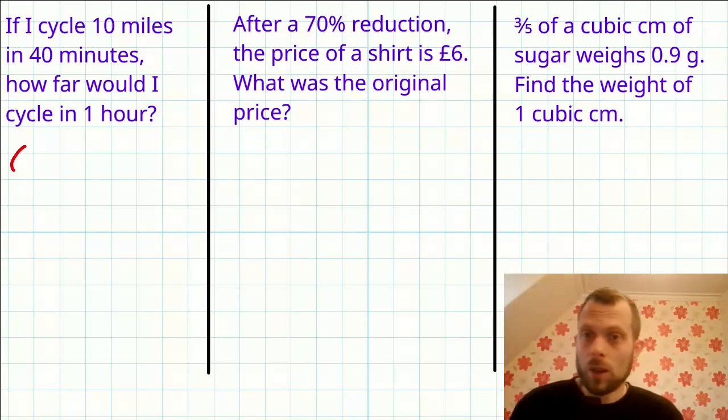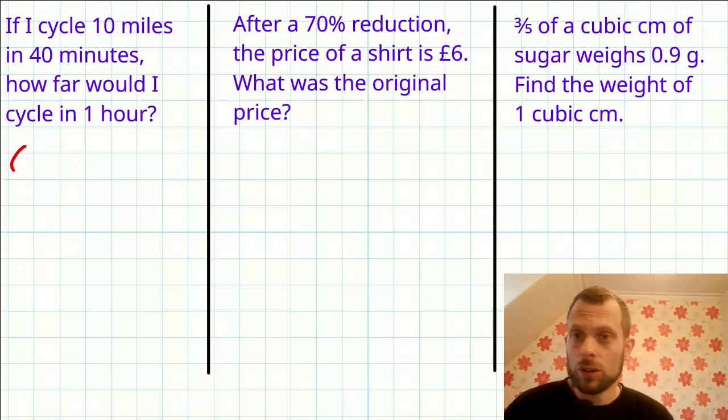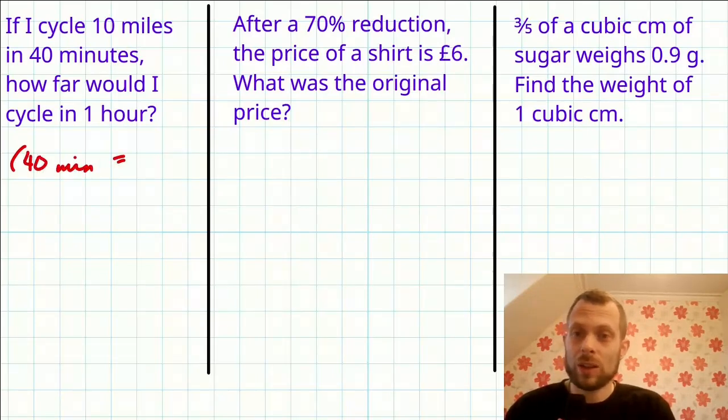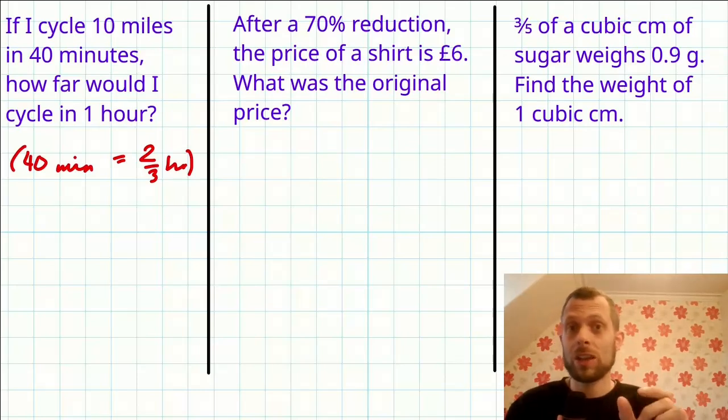The first one. I cycle 10 miles in 40 minutes. How far would you go in 1 hour? So the first thing we'll get is the 40 minutes as a fraction of an hour. So that, I'll tell you, is 2/3 of an hour. So in 2/3 of an hour you go a certain distance, and we want to know the distance in the full hour.